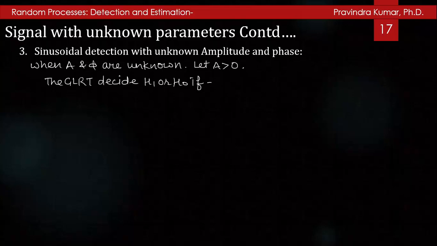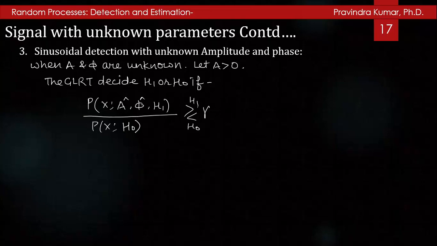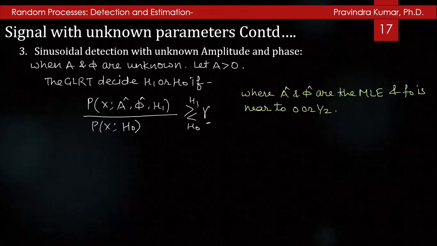So the GLRT decides H1 or H0 if the PDF under hypothesis H1 with estimated values of amplitude A and phase, divided by the PDF under hypothesis H0, so this is the generalized likelihood ratio, is greater than or less than threshold value gamma, where A and phi are the maximum likelihood estimated values and f0 is between 0 and 1 by 2.